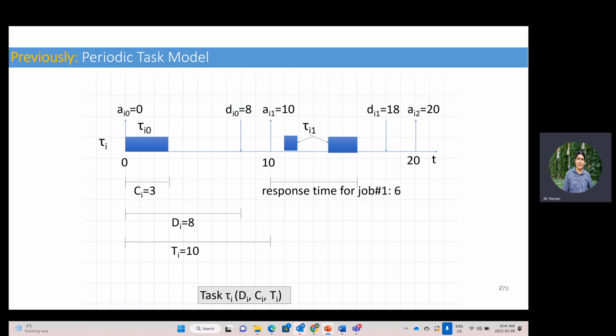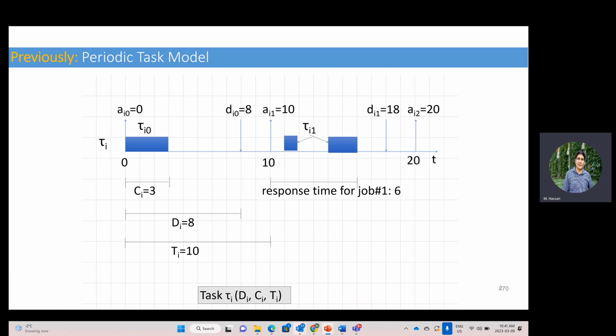If you remember, just quickly, we introduced a task model. The simple one is the periodic task model, where every task is defined by 3 main metrics: D, which is the deadline of the task; C, which is the computation time of the task, which we said can also represent the worst case execution time; and T, which is the period.